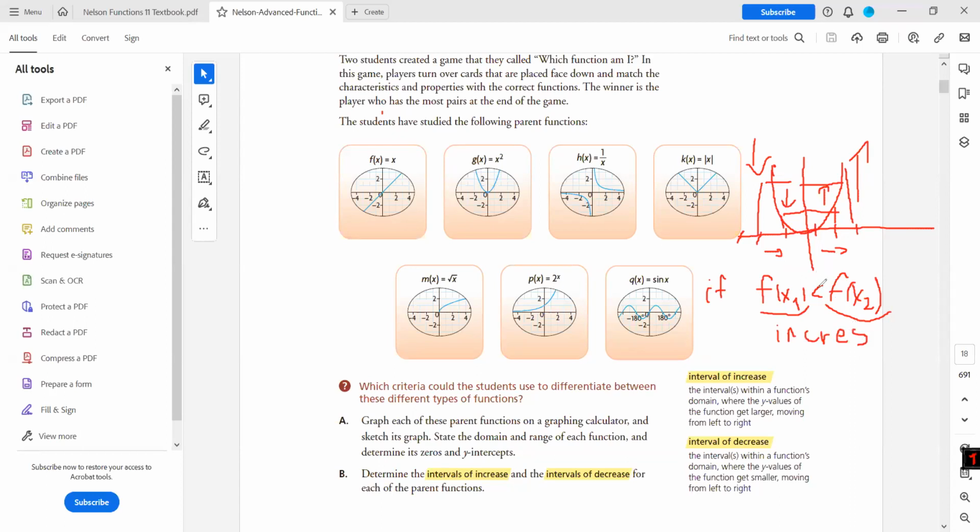If the sign of the inequality is the other way around, f(x1) greater than f(x2), it means the function is decreasing. Okay, so what are x1 and x2? x1 is the value to the left and x2 is the value to the right, as we're moving from left to right.